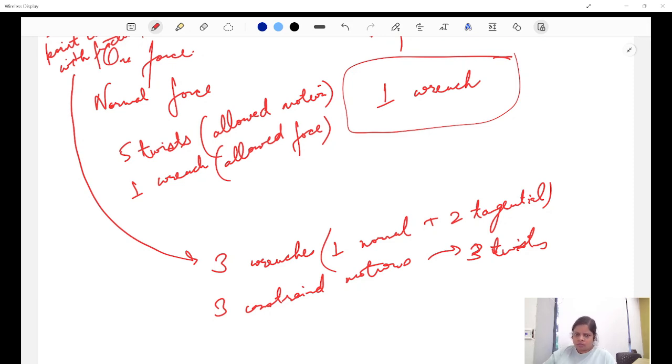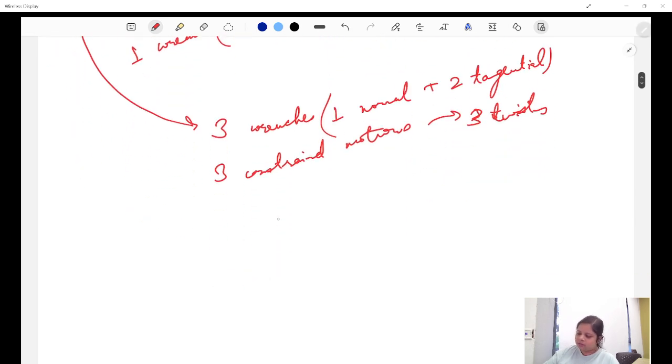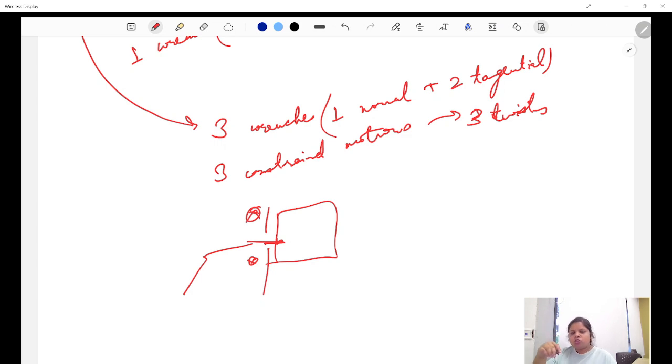So at a contact, let's say this is your contact, the fingertip can push but not pull. Thus it is only a compressive force. No friction means no tangential force or torque can be applied, right? So the only wrench that can be transmitted is the normal force at this point.